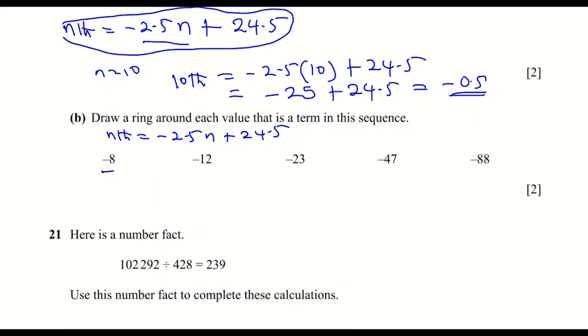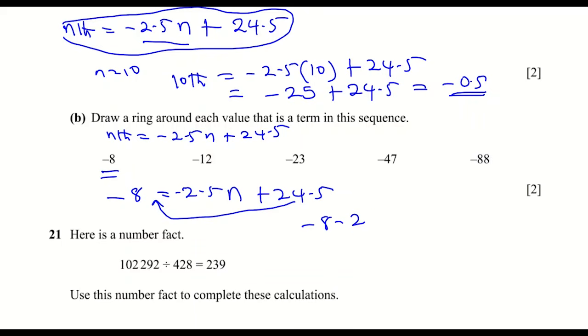If you want to check if minus 8 is a term in this sequence, we'll try to get the position, which is n. So we say minus 8 equals negative 2.5 multiplied by n, that is the position we want to get, plus 24.5. If you solve this, you take this to the left hand side, so you have minus 8 minus 24.5 equals minus 2.5n.